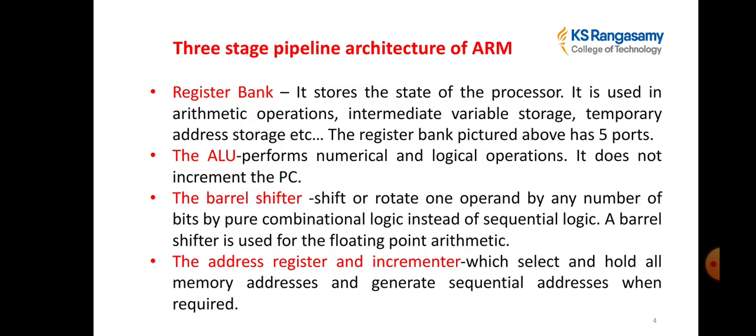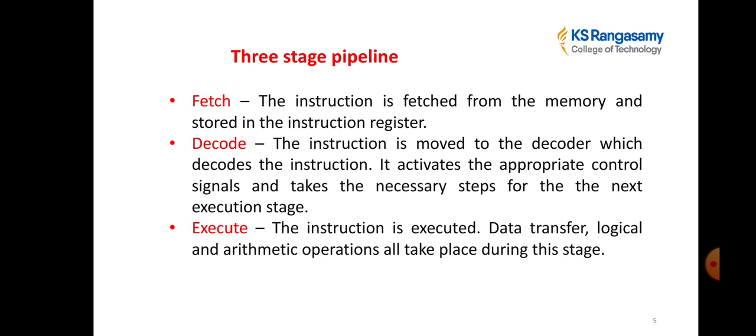Next, in the 3-stage pipelining process, we saw the register bank, ALU, barrel shifter and address register in the block diagram. The very important stages of 3-stage pipelining are fetch, decode and execute. First, the instruction is fetched from the memory and stored in the instruction register. Second, the decode process is done: the instruction is moved to the decoder, which decodes it and activates the appropriate control signals and the necessary steps for the next execution stage.